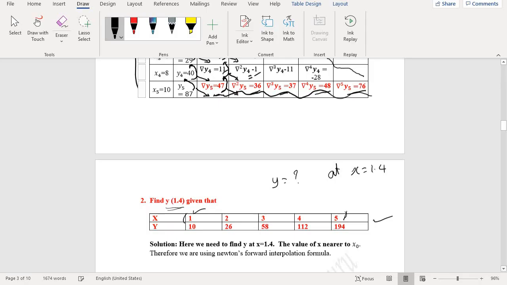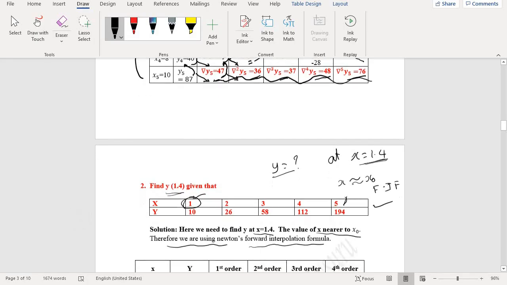The x value lies between 1 to 5, and I want to find the value of y when x is equal to 1.4. And this 1.4 is nearer to the initial value of x. So I told you already, when x is nearer to x naught, use the forward interpolation formula. So that's the reason here I am going to use Newton's forward interpolation formula.